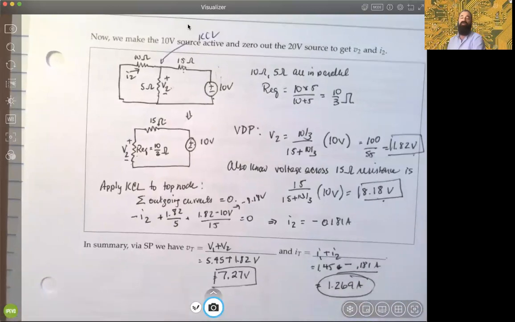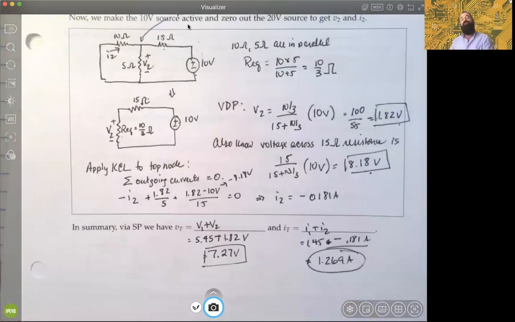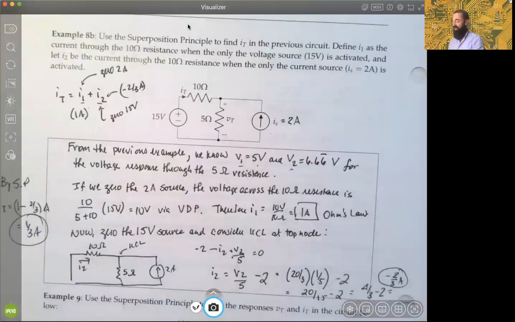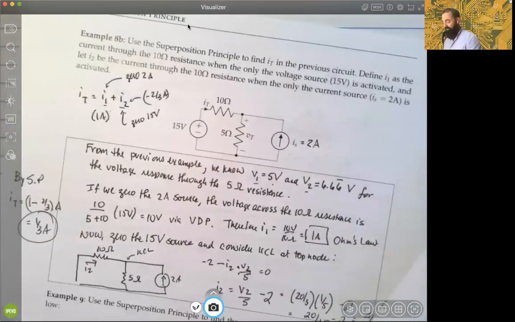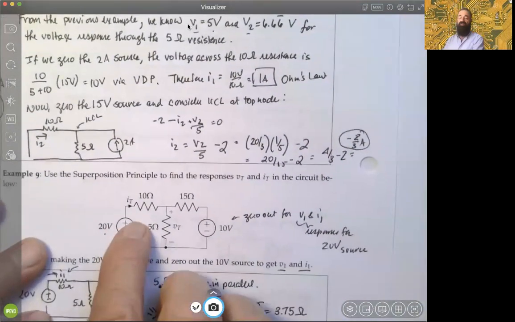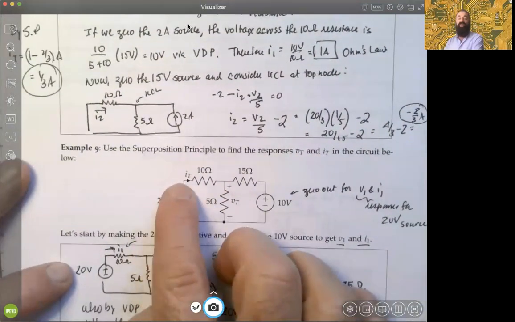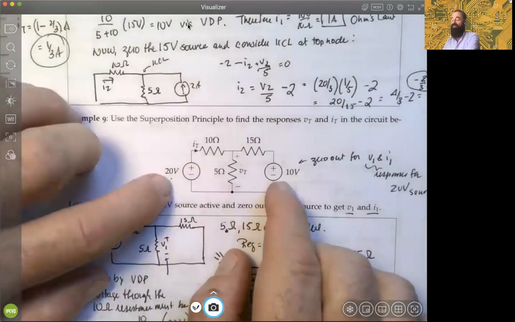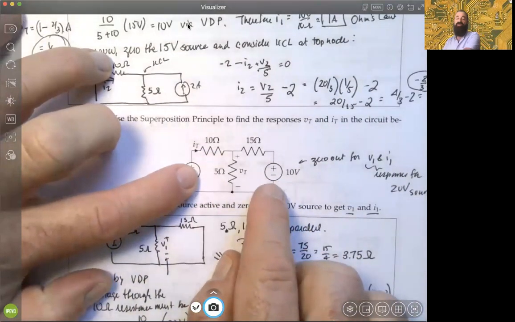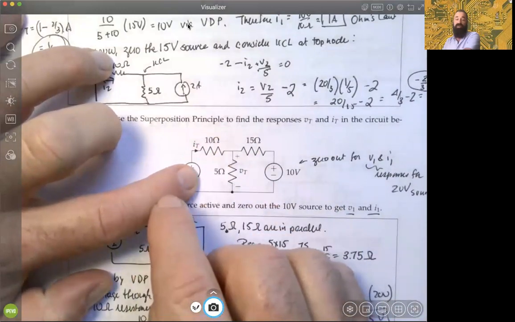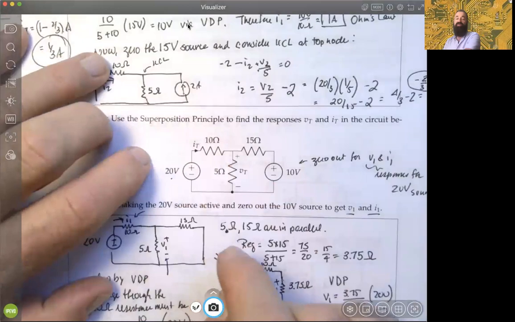That is your total response. And it's positive, so if you go back to the original problem, which we had back on page 78, the total response is in fact going the correct direction. But when you're only finding the response from this source, it's really the other way. That response is opposing it.